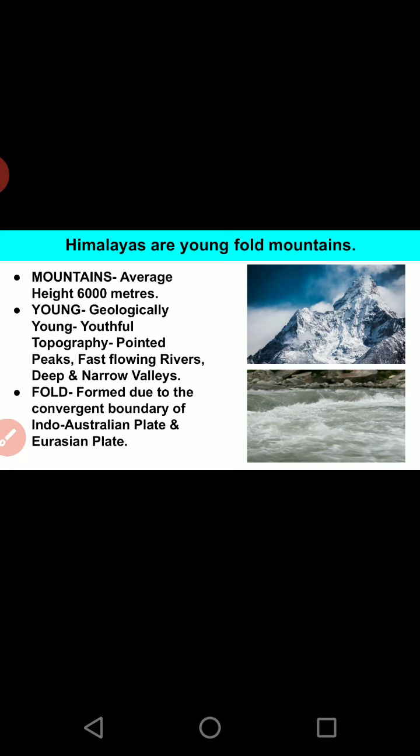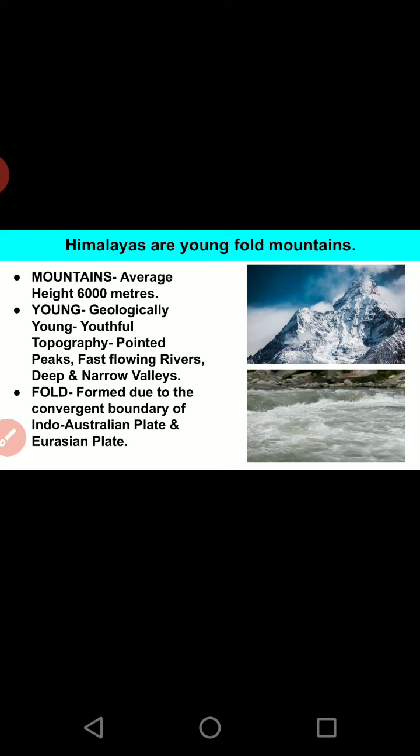This means that they are less open to erosion. If they had been present here for many years, till now the hills might have become rounded and the valleys might have become very broad, but that is not the case. Himalayas still have pointed peaks, fast flowing rivers, deep narrow valleys.